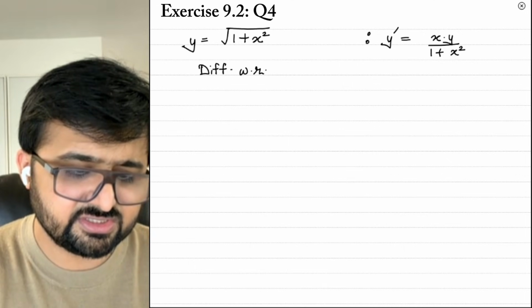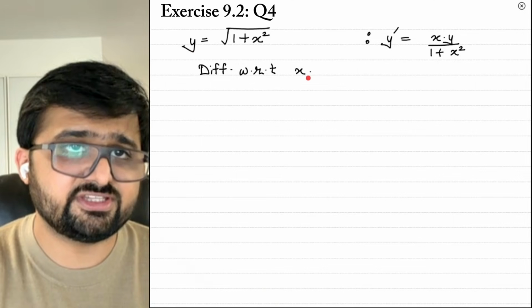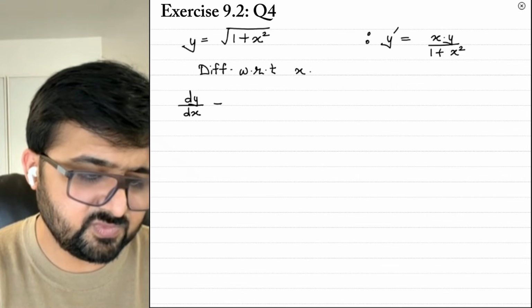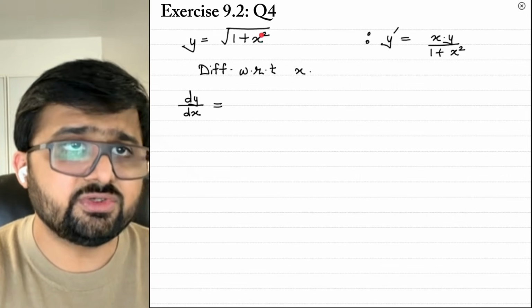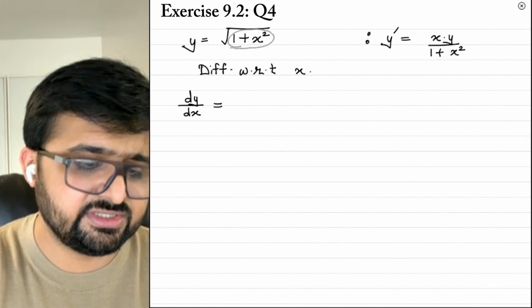Differentiate with respect to x, and we get the derivative of y with respect to x, dy by dx, is equal to, now notice that this is just like square root of u. We have to use chain rule in derivatives.